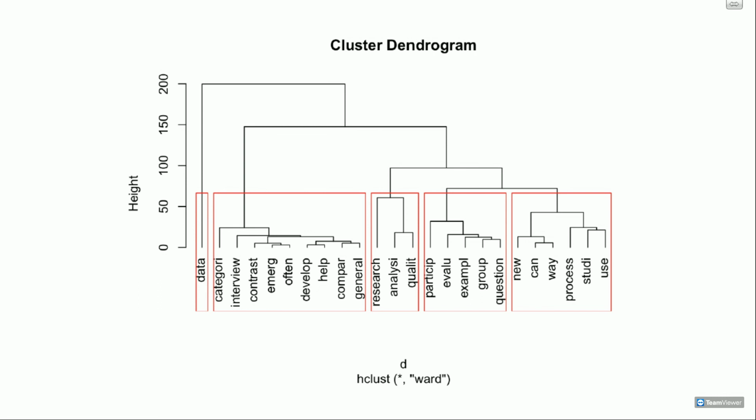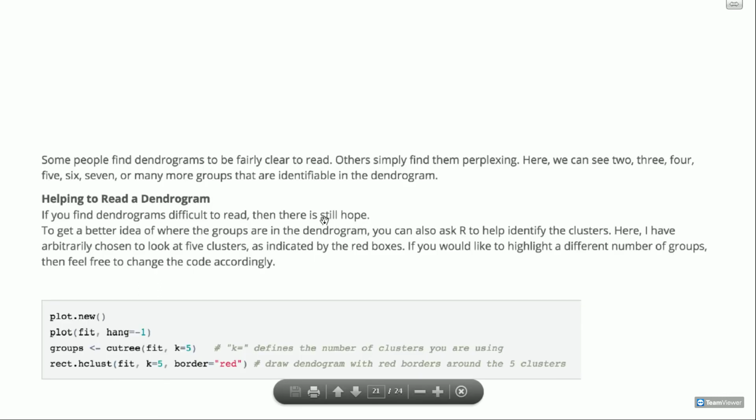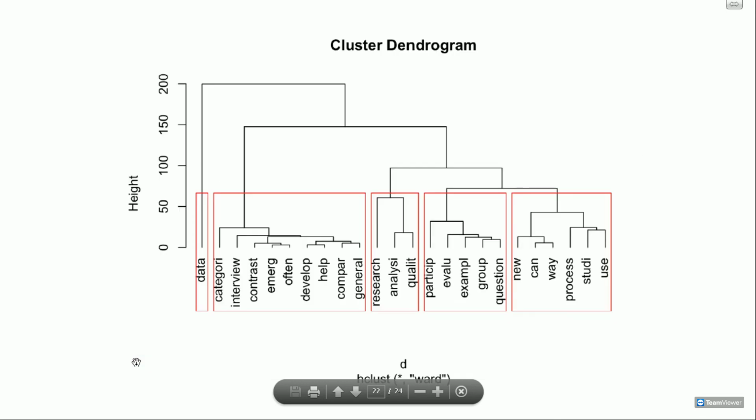To be able to distinguish between the various groups, there are other ways of highlighting certain groups using the method called rect.hclust, and you can draw a border around them. Here I'm asking it to identify 5 clusters with a red border.